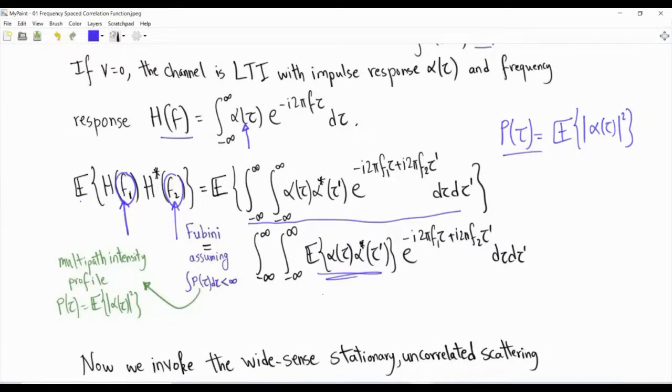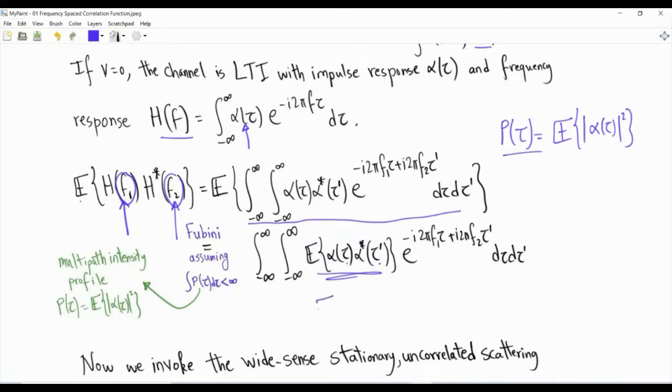Now, if you don't make further assumptions, you are stuck with this expression. So basically, the most widely used assumption is that for tau different from tau prime, which means that we are talking about two different paths, two different delays, the corresponding channel gains are uncorrelated.